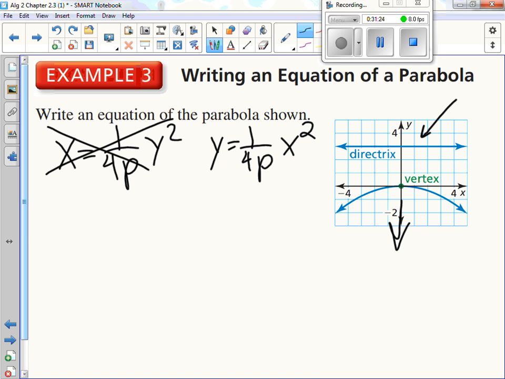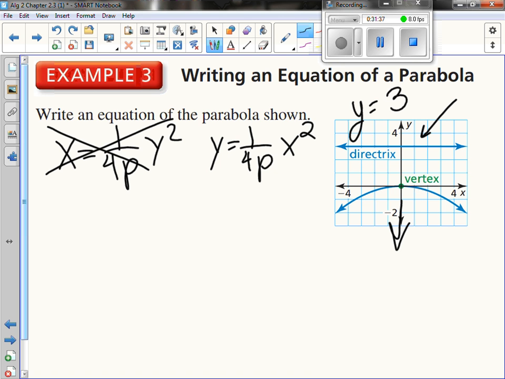Our directrix, this line here, is y is equal to 3. It's a straight line. What is the equation for the directrix for this equation? Well, it told us it's y is equal to negative p, yes? So what's the value of p?